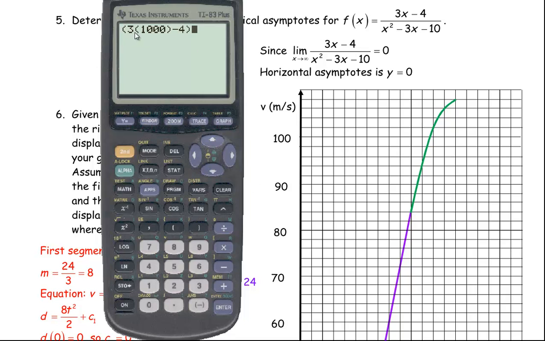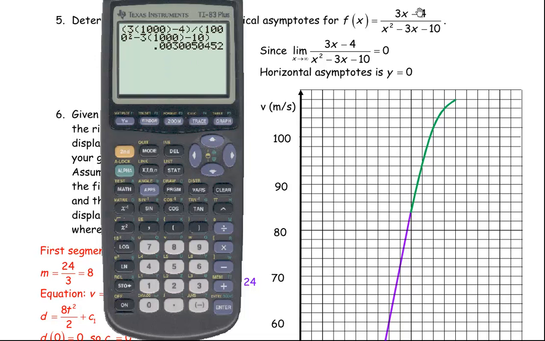So 3x minus 4, so that's the 3 times 1,000 minus 4, and then divided by, and in the denominator it's 1,000 squared minus 3 times 1,000, and then minus 10. And we'll close the bracket. And so notice that is quite close to 0. The larger number you took and put in place of x, the closer it would be to 0.